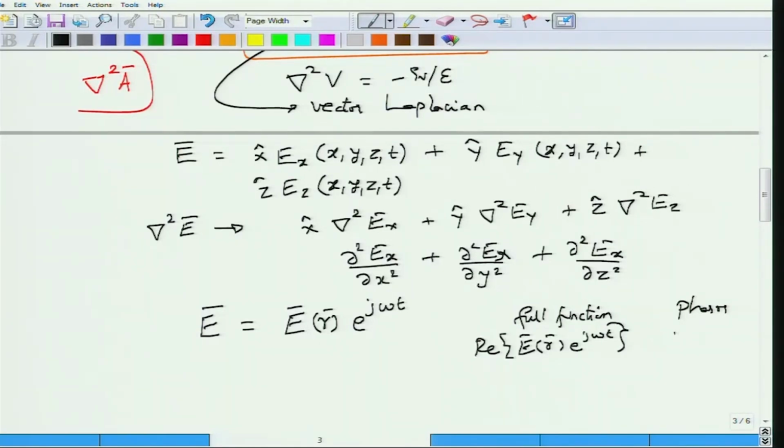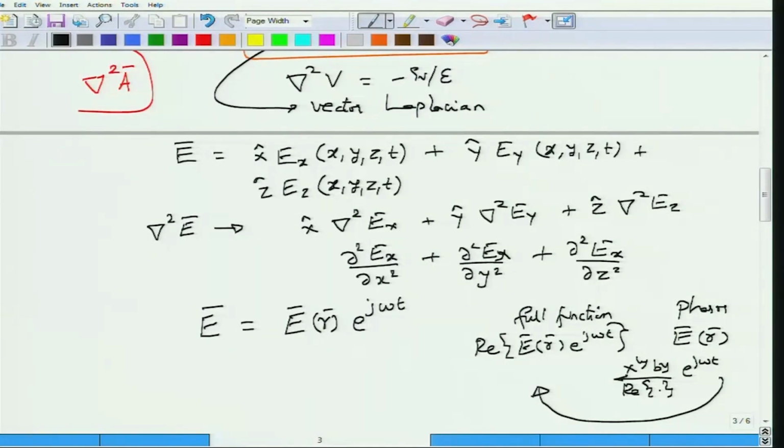The phasor form of this will be E of r. You have just dropped e power j omega t and dropped the real part. If I am given a phasor, I need to multiply by e power j omega t and then take the real part of it. So I can then go from phasor to the full time dependent function.